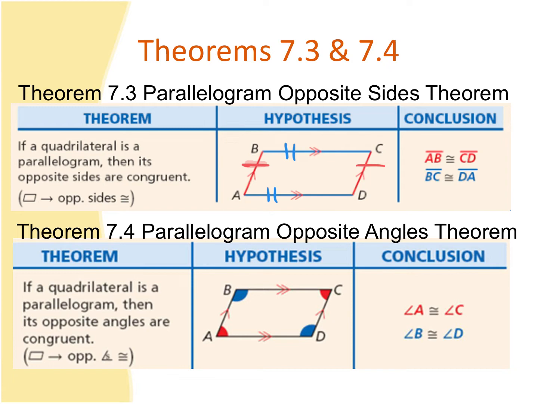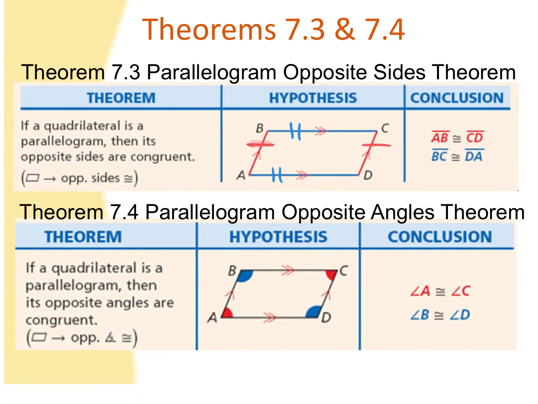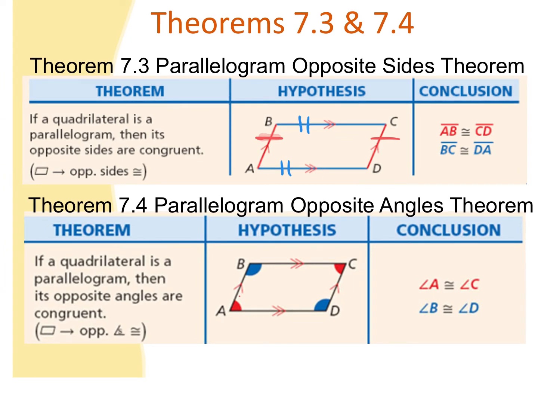So again, if you didn't have colors, you could add in congruency marks. So you could have shown that A and C have the same mark, and then B and D. So opposite angles are congruent in a parallelogram.